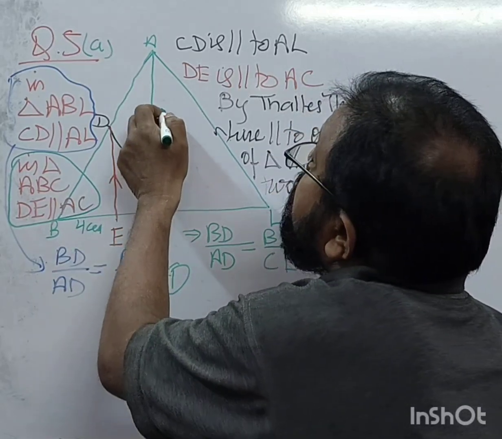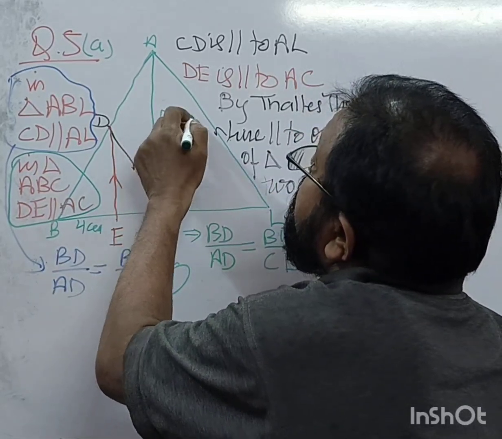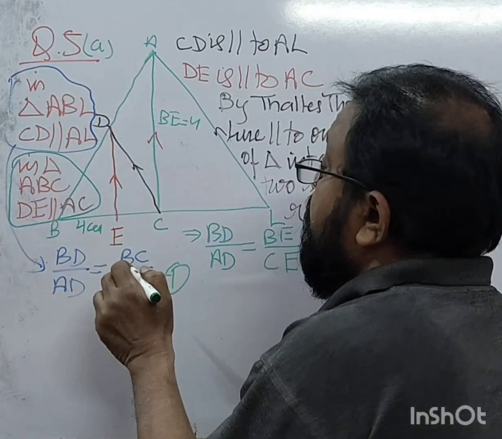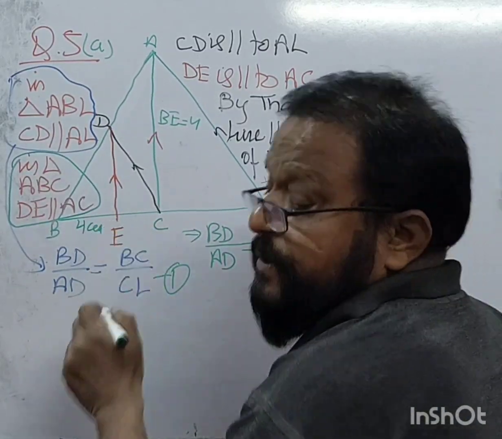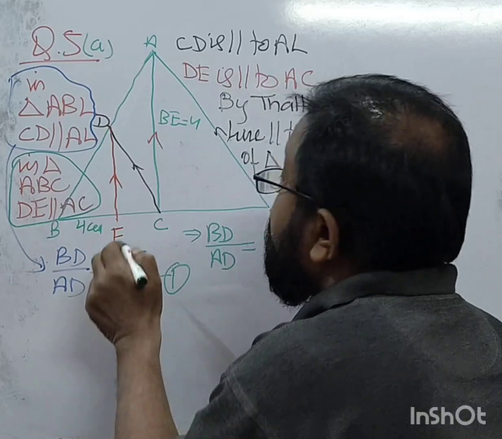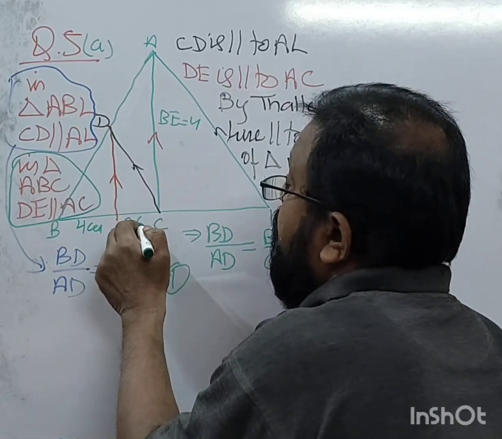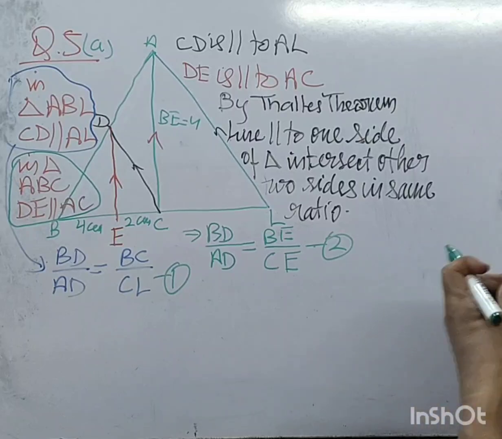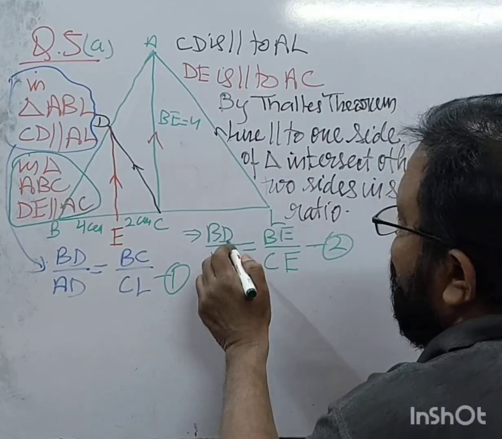BE is equal to 4 and CE is 2 centimeter. Okay. So they are in the same ratio, right? So what do you write?